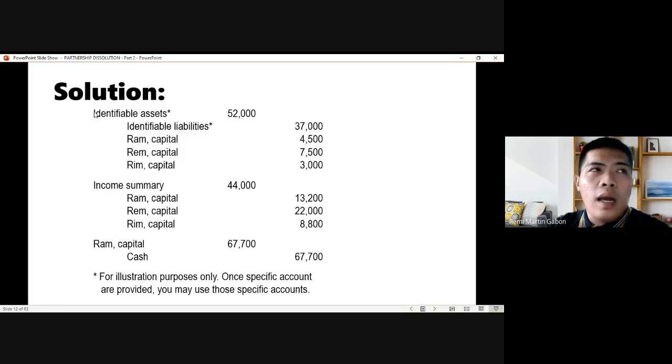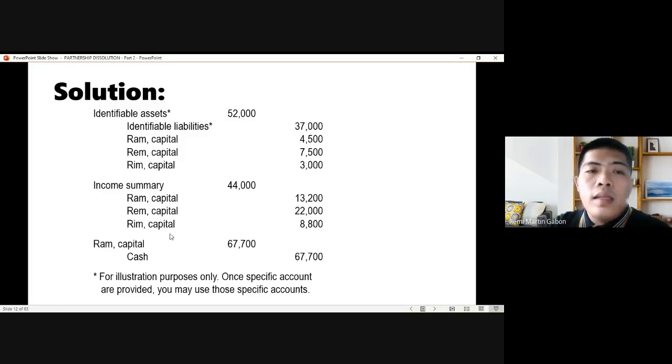We only temporarily use these accounts because no specific accounts on assets and liabilities were given. Should there be specific asset accounts and liabilities accounts, use them in the journalizing. But for illustration purposes, we're going to use these accounts for now. Then credit RAM, REM, and RIM capital respectively for the share in the net increase.